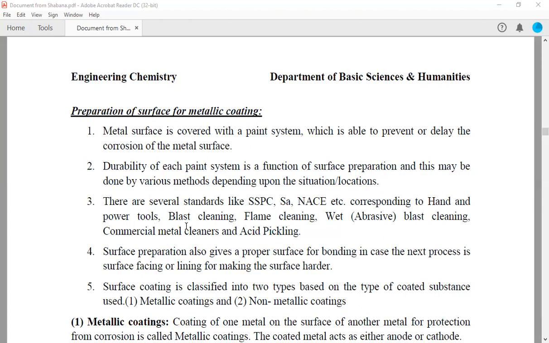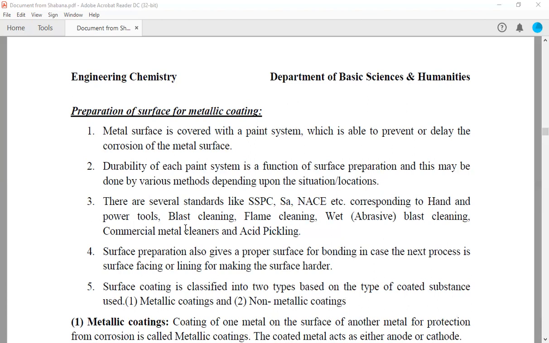First one is the preparation of the surface for metallic coating. Before the surface of the metal is coated, the metal should be prepared. The metal surface is covered with a paint system which is able to prevent or delay the corrosion of the metal surface.